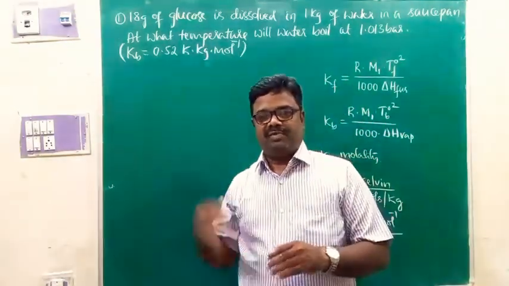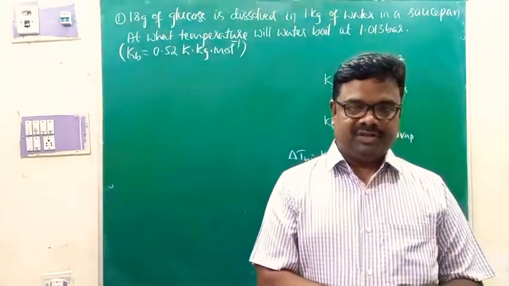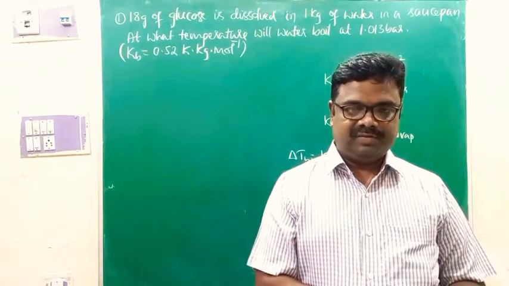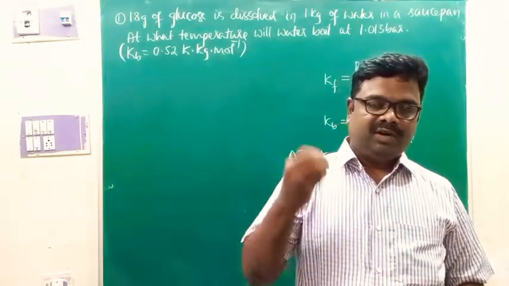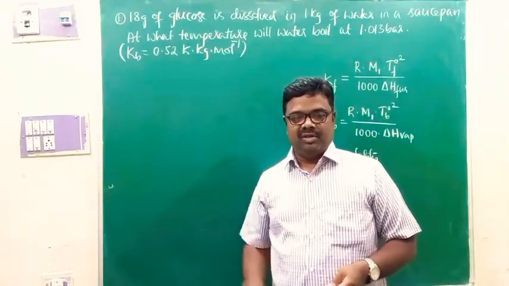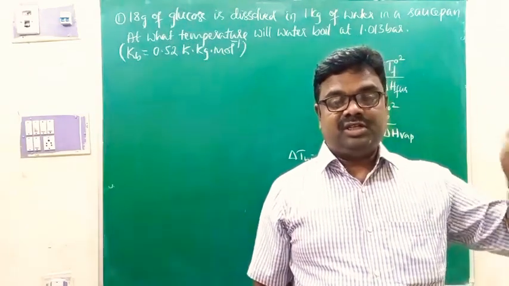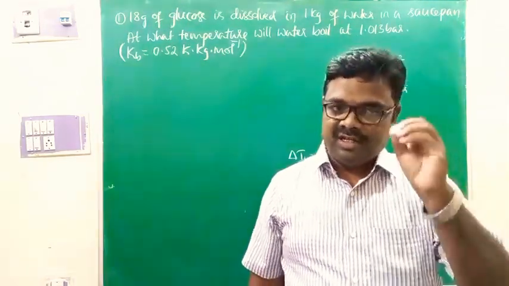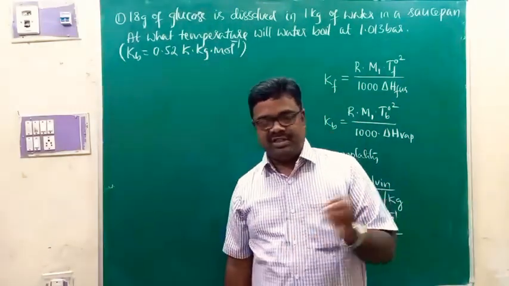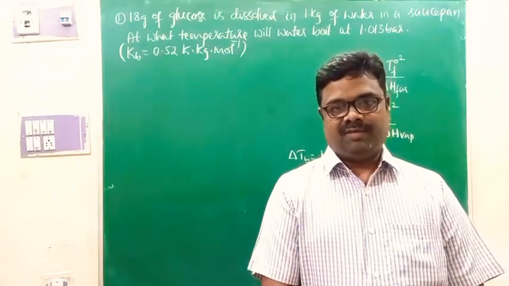That's a drawback of the colligative property values for determining molecular mass of solutes. At the same time, there should not be any chemical reaction between solute and solvent. Then only those formulas are true, otherwise they are wrong.